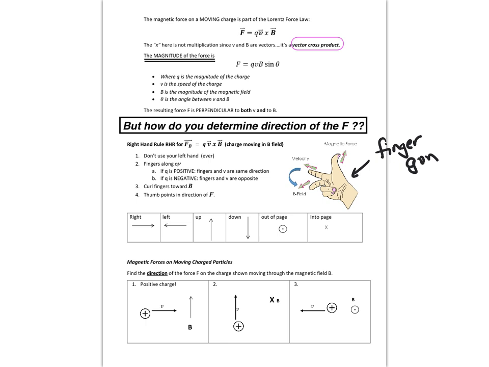Well, that's the direction of your B field. So you line up this one first in a problem, and you line up this one second. And then your thumb is sometimes, well, it's not always the answer, but notice your thumb is pointing not in the direction of the velocity, not in the plane of the B field, but straight up toward, I guess, the ceiling. And we're going to do some problems like that.